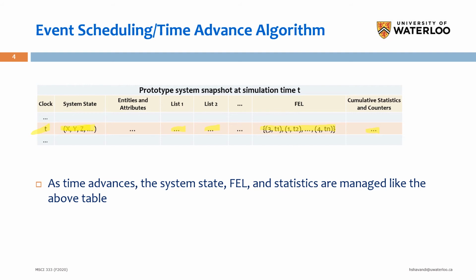The next event will be about entity number 3, and its time will be t1. t1 is greater than or equal to t, the current time of simulation. And we have the cumulative statistics and counters. This is how we show the mechanism of time advance in a discrete event simulation model.